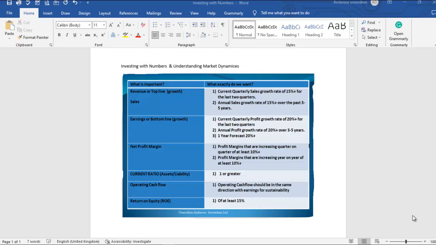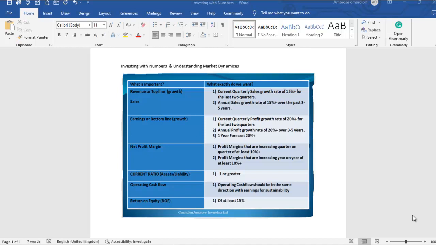Another thing that's very important is net profit margin. You want to know how efficient and effective this company is in managing cost, because that shows the relationship between the top line and the company's bottom line.